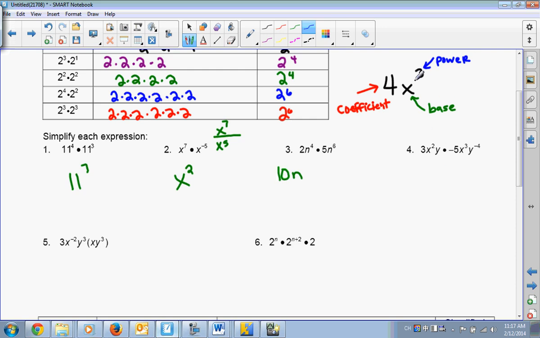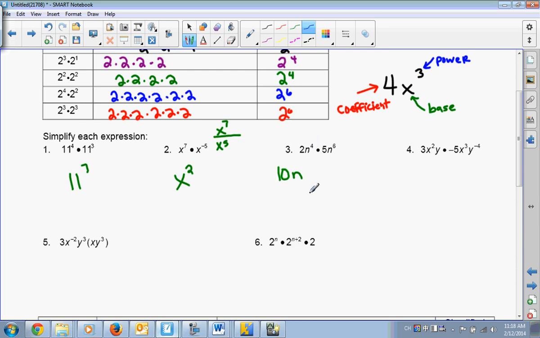Okay, the rule says you don't multiply your base. So you do multiply your coefficients just like normal numbers, okay? Unless you have a number that is your base. Do you see how 11 here is not your coefficient? 11 is your base here. The 2 and the 5 over here are your coefficients, so you have to multiply them.